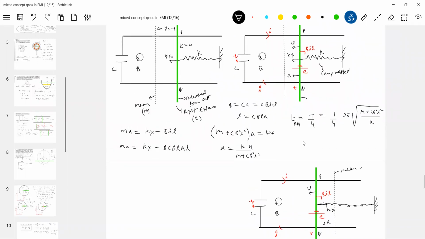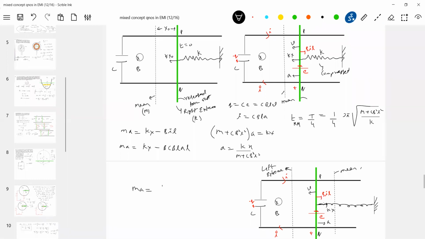You have to really understand these two diagrams. There's a mean position, there's a mean, and somewhere here will be the left extreme. Now write the equation for motion here.